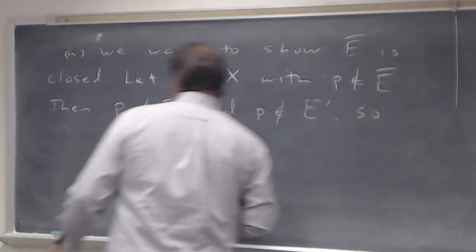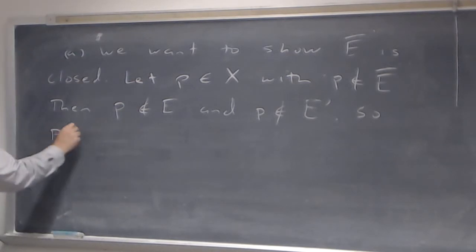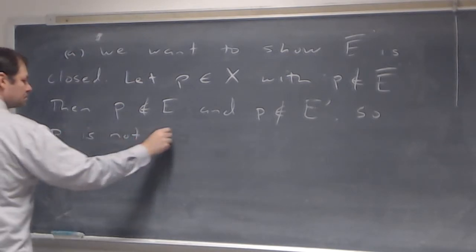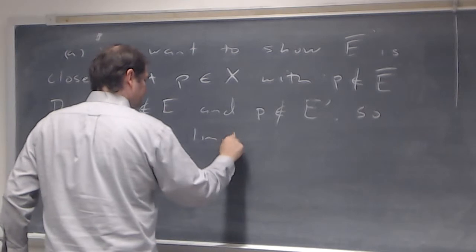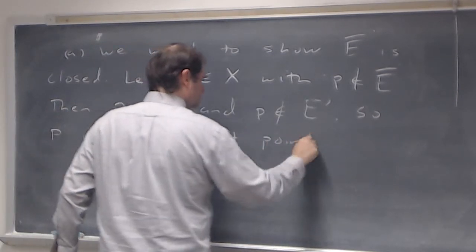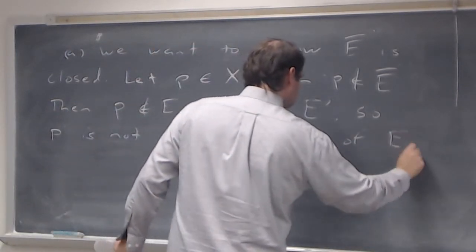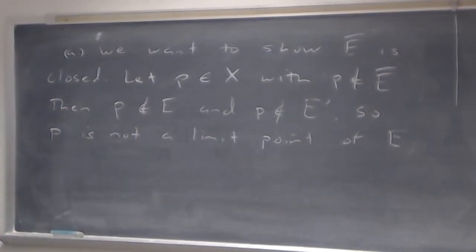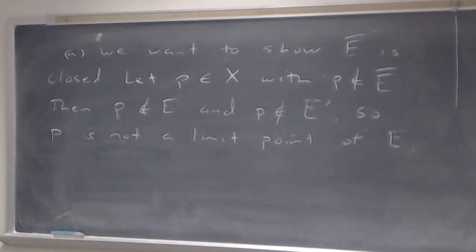So let me write that out. P is not a limit point of E. So what does it mean for P not to be a limit point of E?